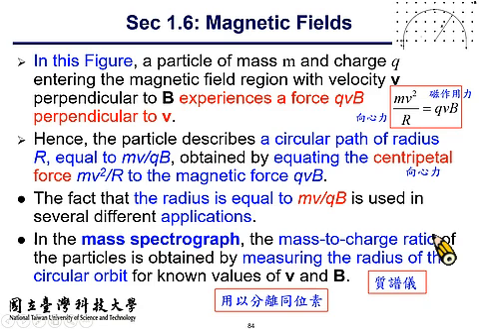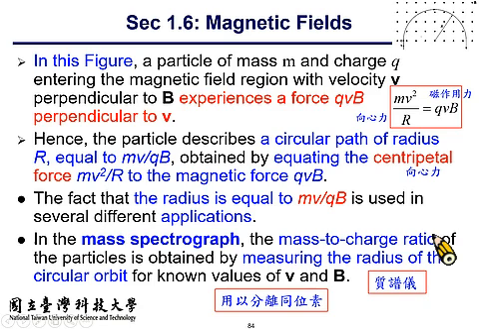So once you know the magnitude of the background magnetic flux, the charge of the particle, the mass of the particle, and the velocity of the particle, you can find out the radius of this circular movement, or vice versa. Once you know the radius of the circular movement, you can find out the ratio of m over q.